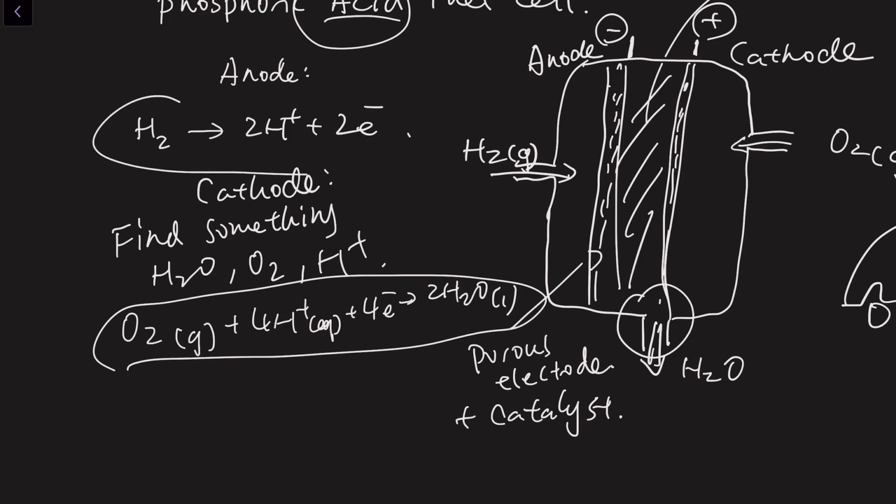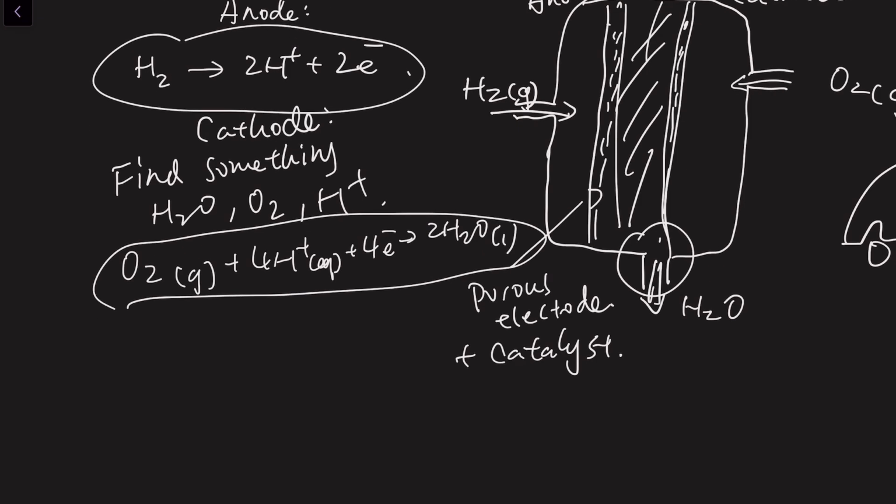This is the anode reaction. And when you combine them together, double this so the electrons are balanced on both sides.